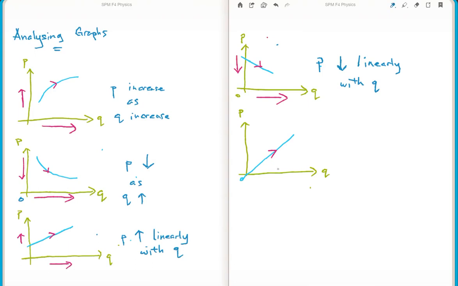When the start is 0 and 0, it is directly proportional: P is directly proportional to Q. You may use directly proportional if and only if it starts at 0. If you have an intercept, then it's just linear. You can't say it is directly proportional.